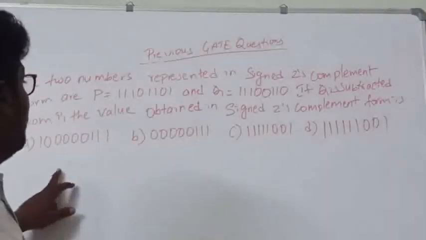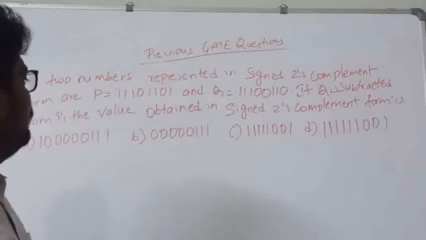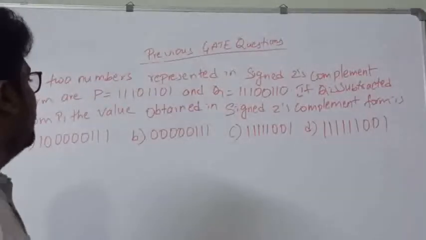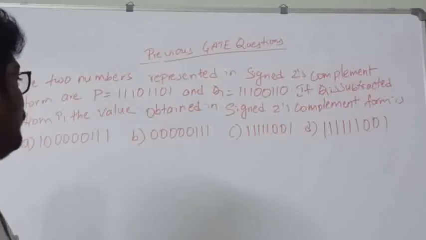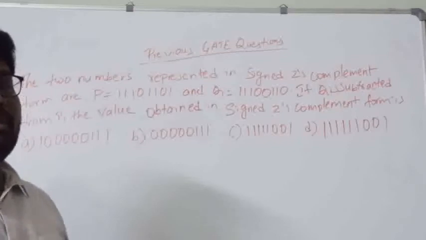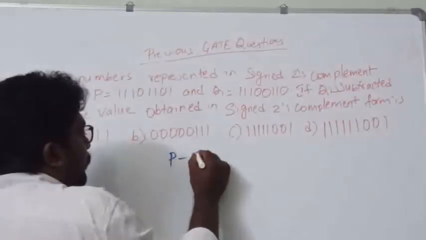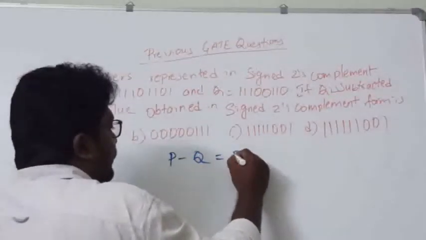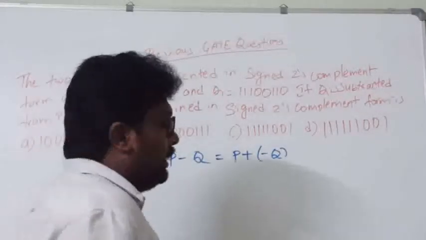The two numbers represented in signed 2's complement form are P and Q. If Q is subtracted from P, the value obtained in signed 2's complement form is. So here we are given the P value and Q value, and we need to find the subtraction of P and Q. So that is, we need to find P minus Q. So we can write P minus Q as P plus minus of Q, right?